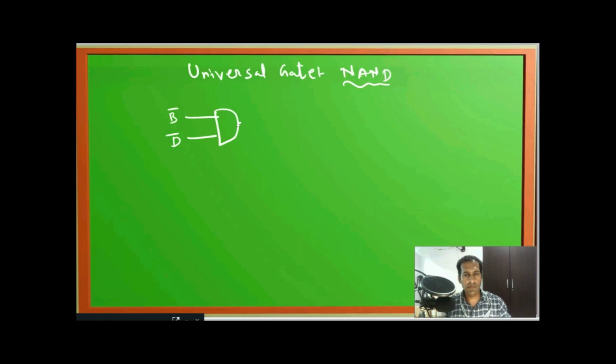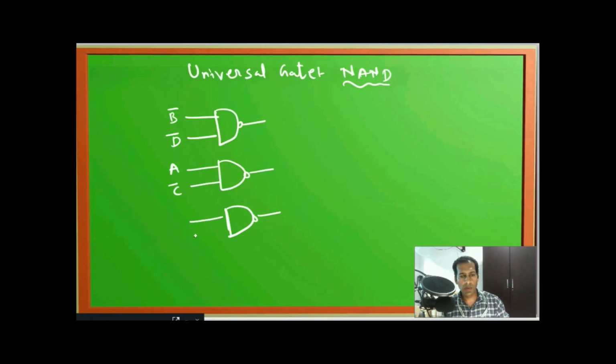So this is the first NAND. Similarly, second NAND we can connect with the second input, say A C bar, and we have third NAND gate. For third NAND gate, the inputs are say A bar D.